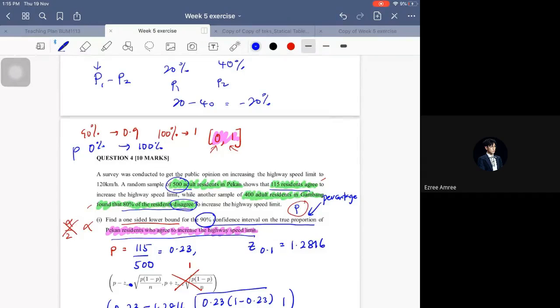So the difference could be negative, but when it comes to one population, one proportion, it cannot be. Remember pi should strictly be from 0 until 1. But if you have pi 1 minus pi 2, then yes, it could be from negative infinity until infinity because we're talking about difference. It's not restricted to being from 0 until 100.